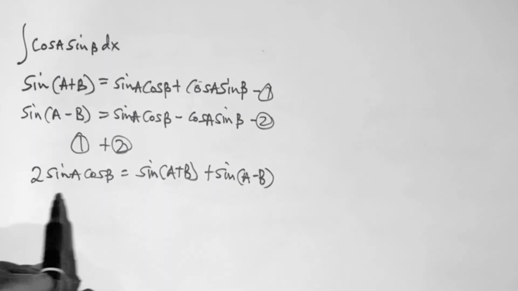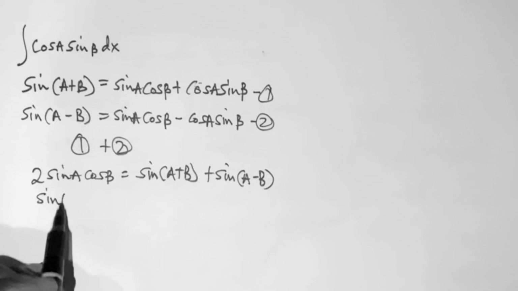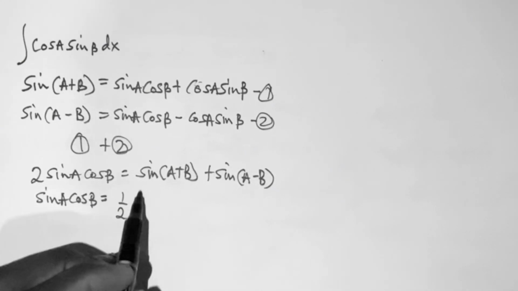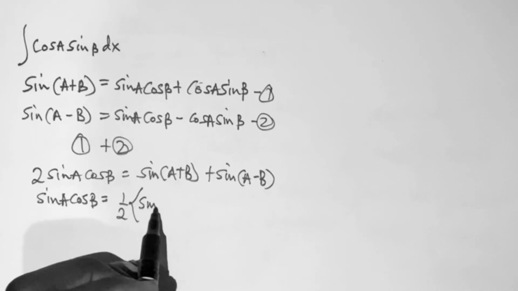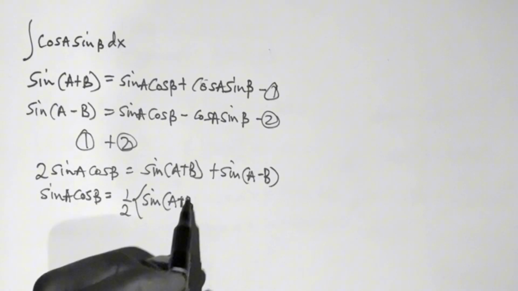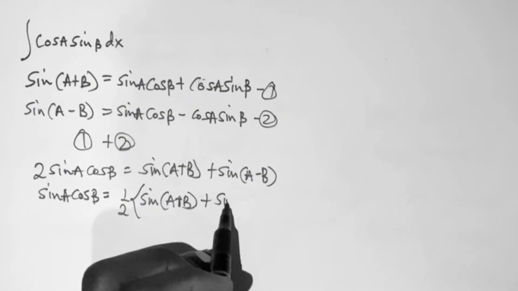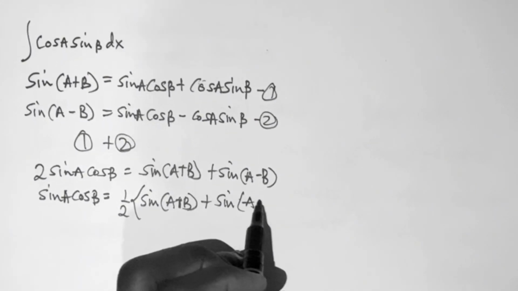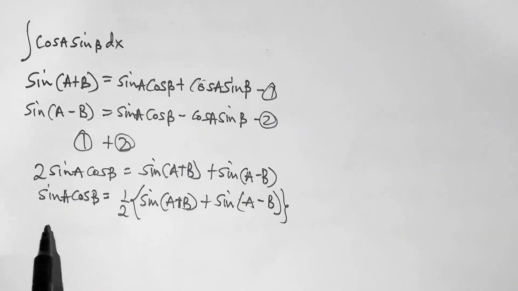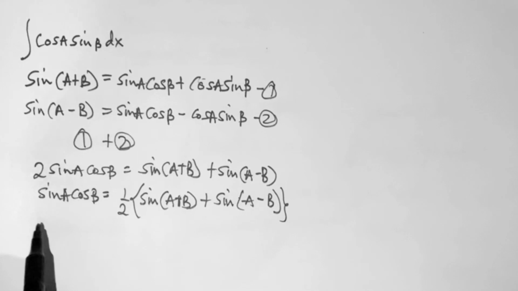So if you divide through by 2, sine A cos B is equal to 1 over 2 times [sine(A plus B) plus sine(A minus B)].